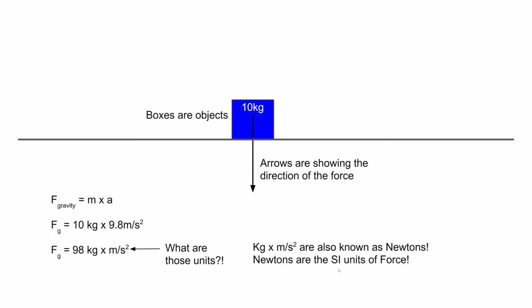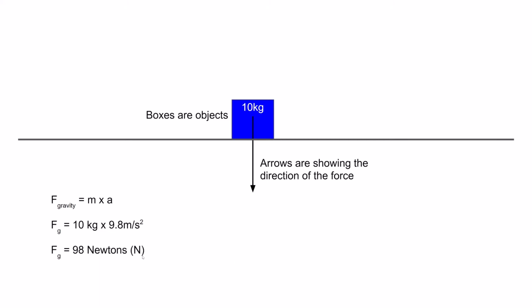If you're talking about a force, you can just write that it is in newtons. But you need to know that this is what a newton is, because if you're doing unit cancellation, you need to understand that. Newtons is denoted as a capital N. And here we have it written as a capital N right here. So it's 98 newtons.